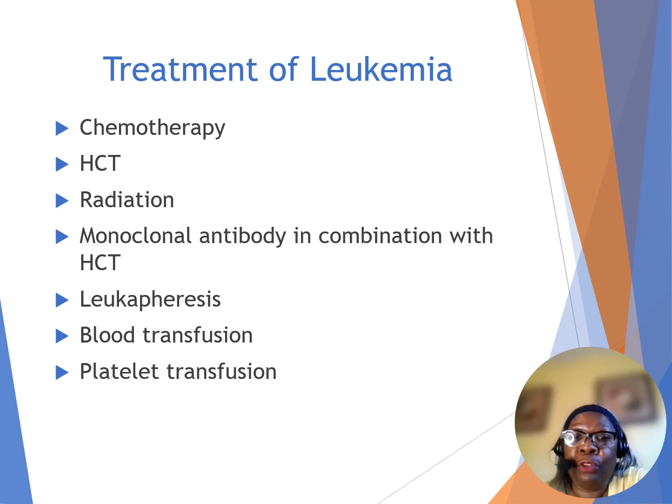Okay. Leukapheresis. Leukapheresis is the separation of WBCs, which can be done to reduce the massive number of circulating leukocytes that's clogging organs and causing damage. In this treatment, blood is drawn, the unwanted white blood cells are separated out, and the remainder is returned to the patient.